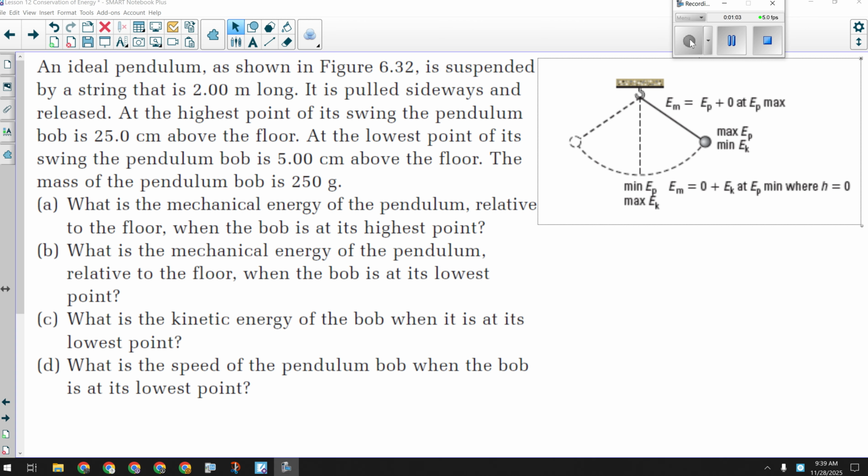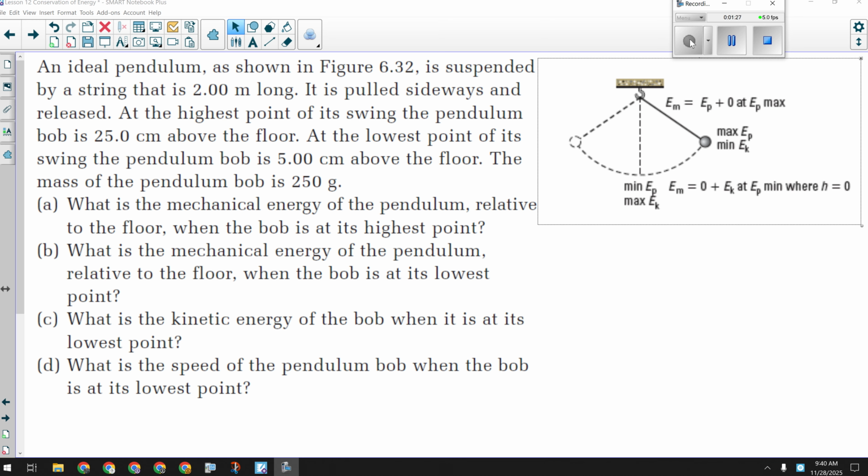Okay, so a pendulum is just like a roller coaster, or a kid going down a hill on a sled. As long as there's no friction, energy is conserved. So they want to first know what's the mechanical energy of the pendulum relative to the floor at its highest point. What kind of energy does it have at its highest point?